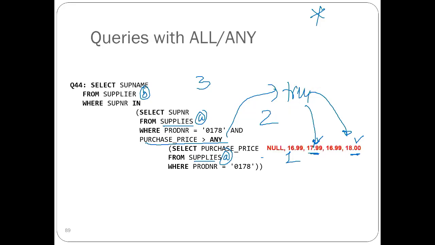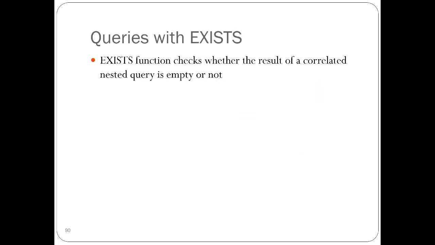Okay, so now let's move on to an even more interesting clause, exists, right? So let's look at how exists is interpreted. This function, we call it clause or function, whatever you call it, checks whether the result of a correlated nested query is empty or not.